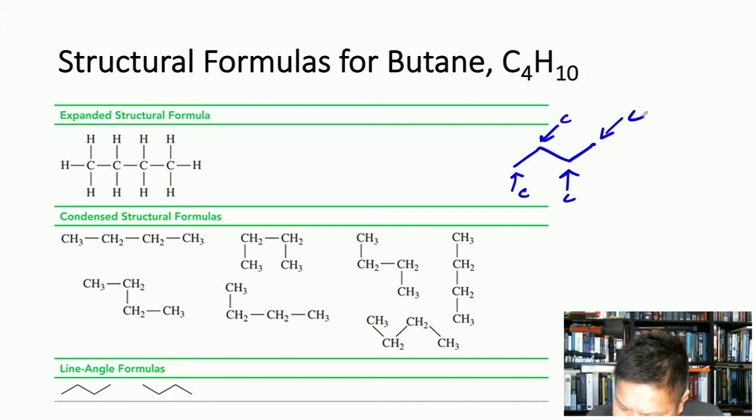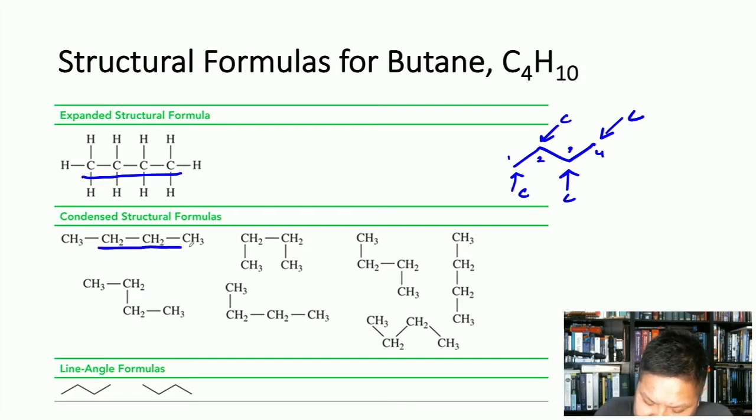So notice in my line angle formula, I have 1 carbon there, 2 carbons, 3 carbons, 4 carbons. The same way I have 4 carbons in the expanded and the condensed structural formulas, right? So what about the hydrogens?